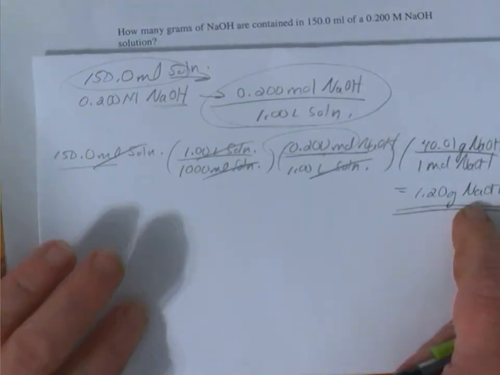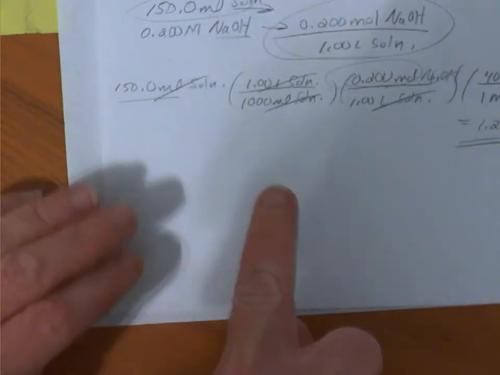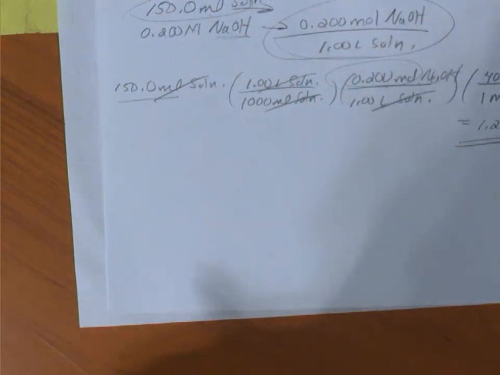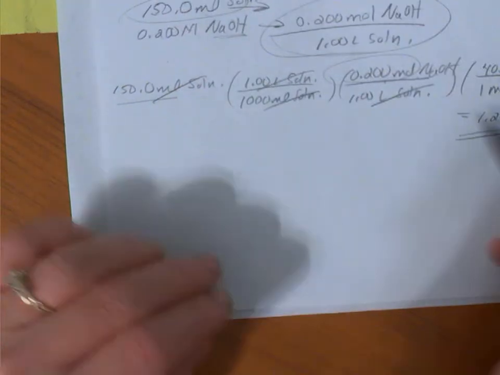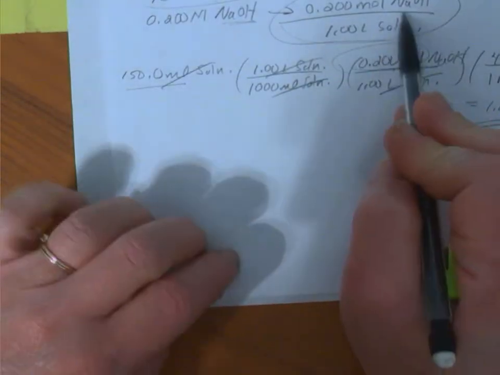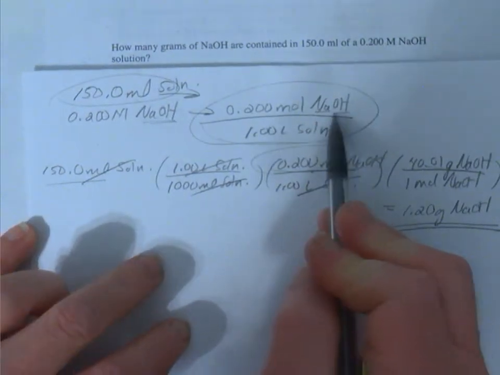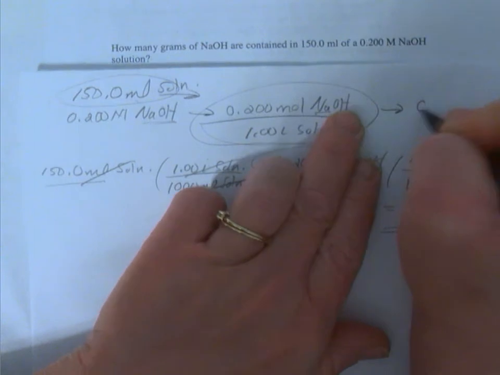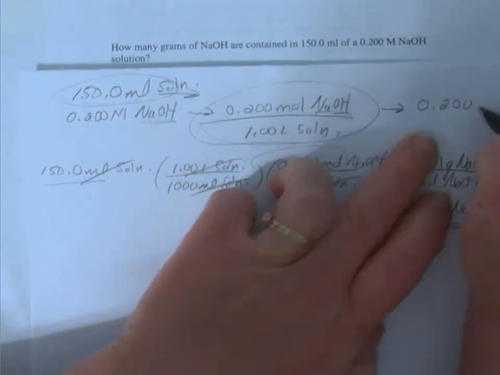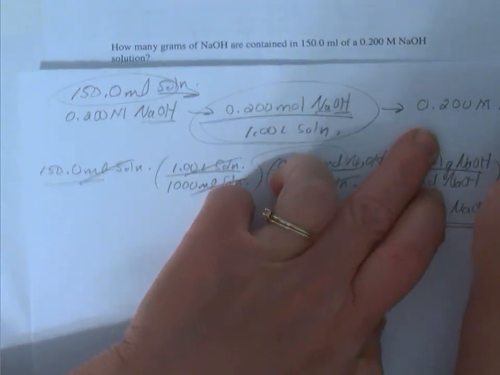Now, what if we were just asked for grams of sodium ion? Well, you can see that this is a ratio of 1 to 1, so this molarity will be 0.2 molar of just the sodium ion.